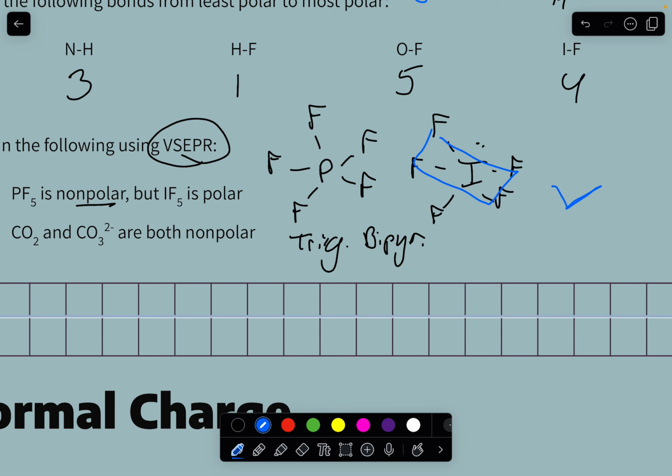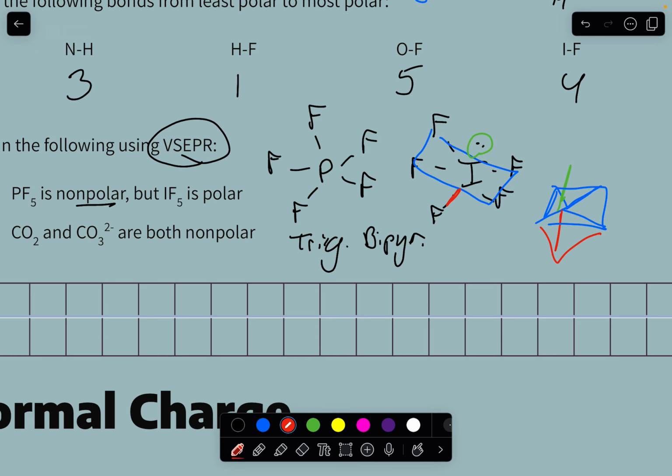That's going to make kind of like a square shape that's flat. That fluorine on the bottom is going to come down. And the lone pair of electrons is going to be a force on top that pushes them down. Right, so you're going to have this square shape with this one on the bottom that makes a pyramid.